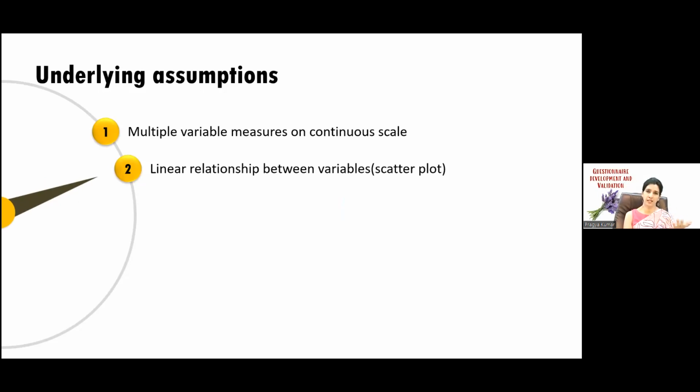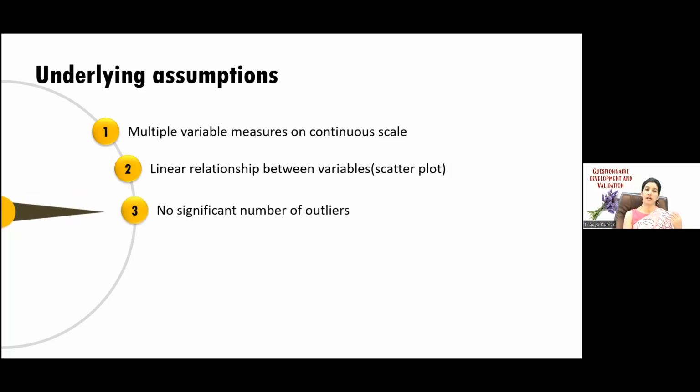Ideally, you can test that with a scatter plot, but again, even if you don't, if you have got a 7-point scale, and if it is a continuous scale and the number of samples are large, then you can go ahead with doing this exploratory factor analysis. Again, there should not be a significant number of outliers.